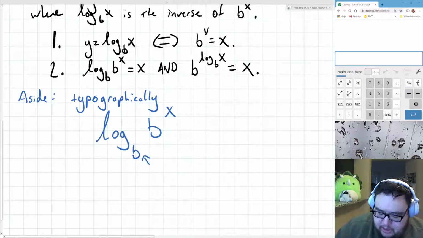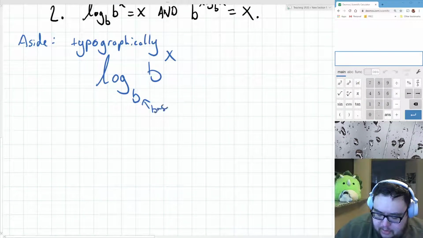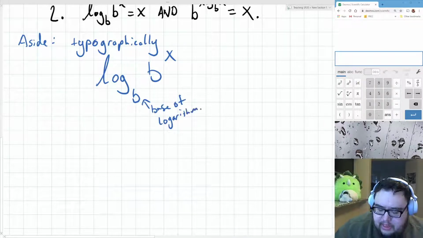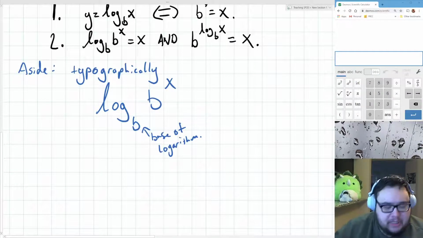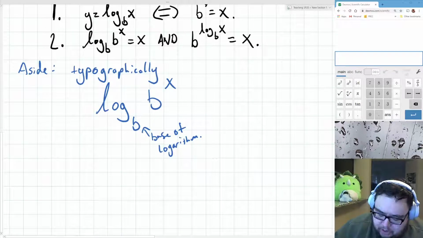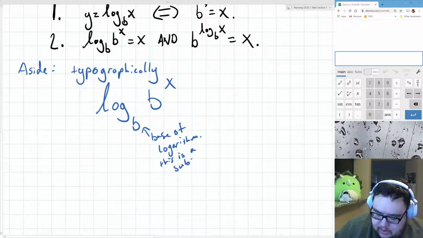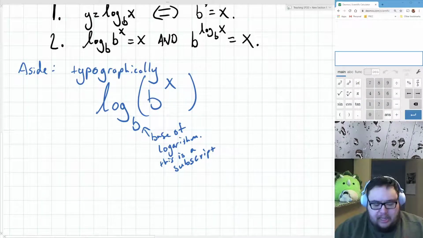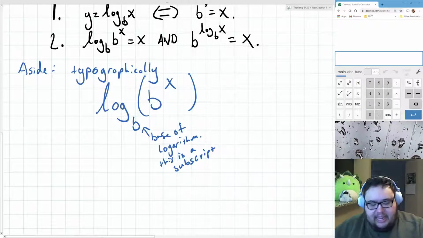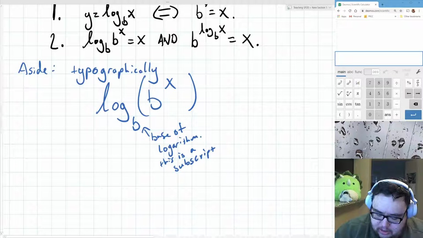This b here, that is the base of your logarithm, this tells you what your base is. It goes in the basement here. This should be a subscript. And then we sort of take the logarithm of something, right? Log base b of blank. There's a hidden "of" here, right?